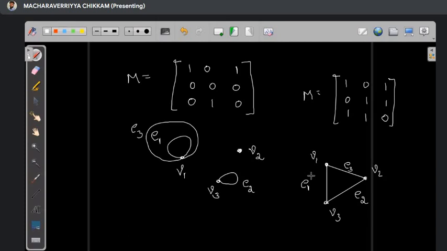Like in an undirected graph, what we are doing is we take a vertex and the corresponding adjacent vertices, right? But when it comes to a directed graph, you can take the initial vertex at one side and the corresponding terminal vertices you can write. That is how you can write an adjacency list in a directed graph.